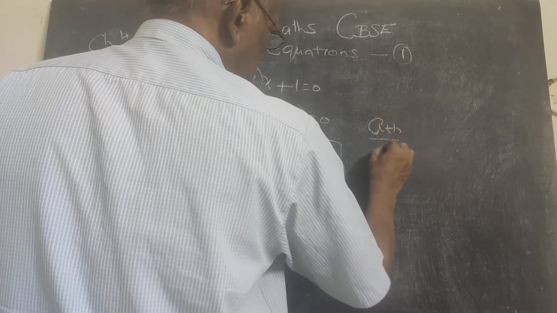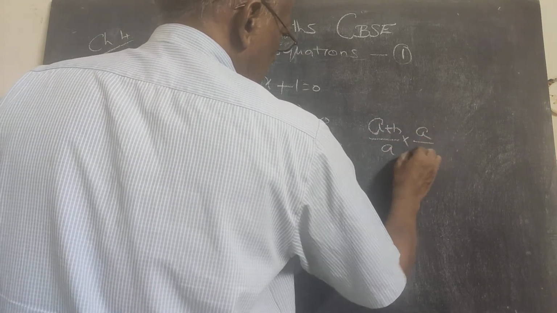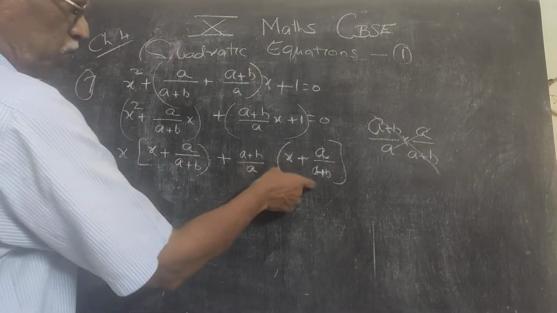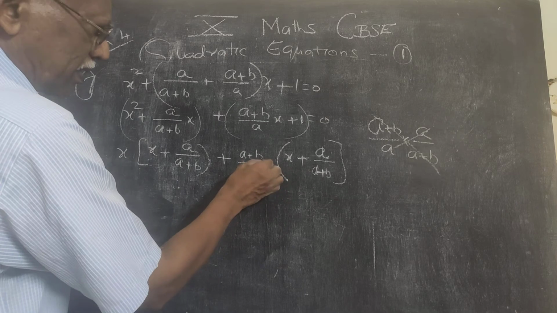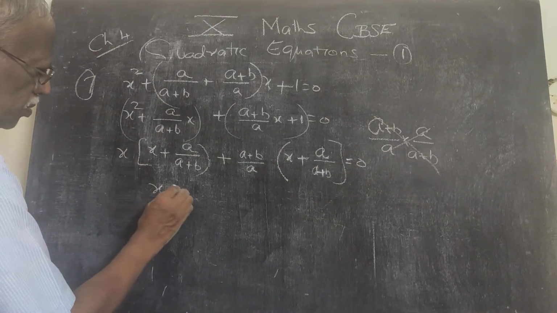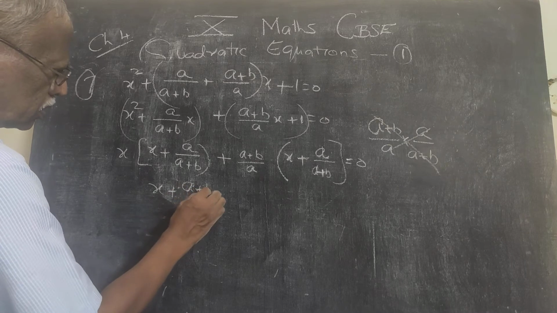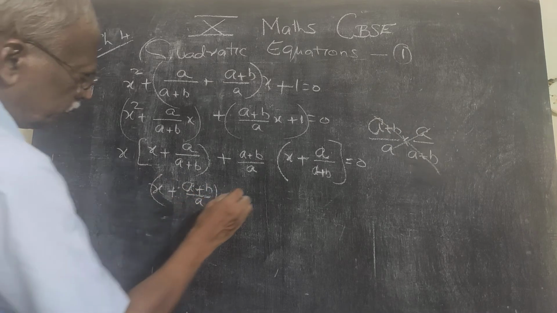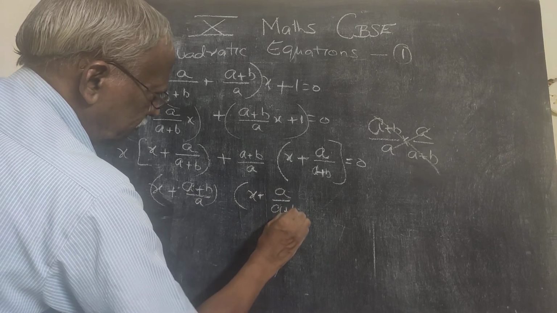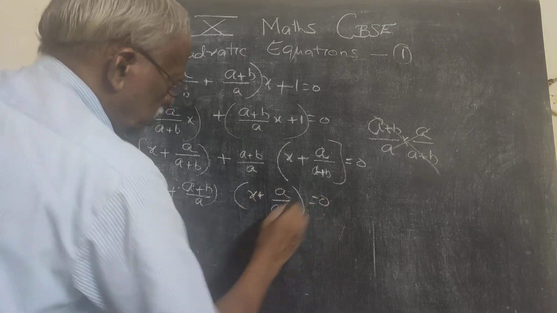a plus b into a by a plus b equal to 1. So this on multiplication is 1, so we can simplify like this, equal to 0. Therefore the problem becomes now x plus a plus b by a and x plus a by a plus b equal to 0.